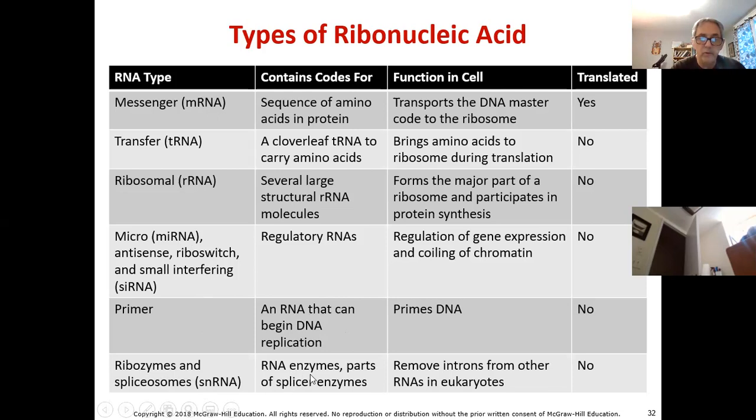These are actual RNA enzymes, and they're part of the splicing enzymes. We mentioned that in eukaryotes, the genetic code has interrupted sequences called introns, and they are removed by these special RNA enzymes. This is only seen in eukaryotes and not in prokaryotes.